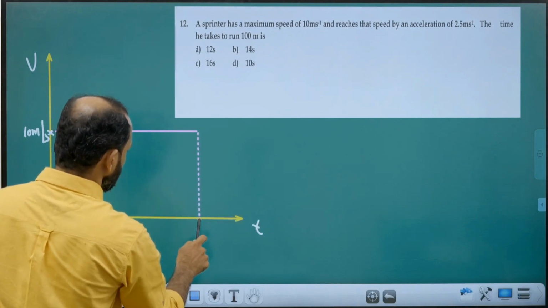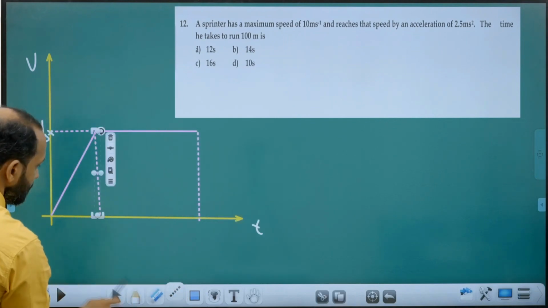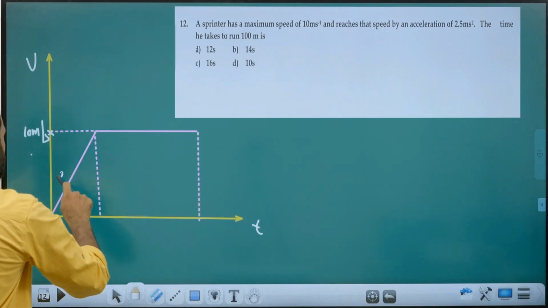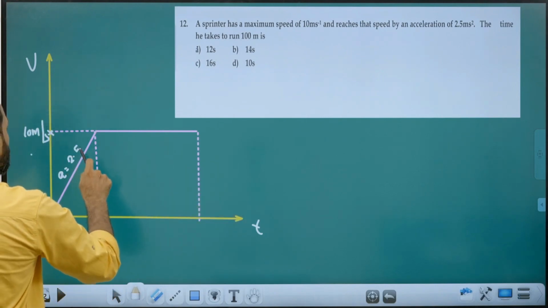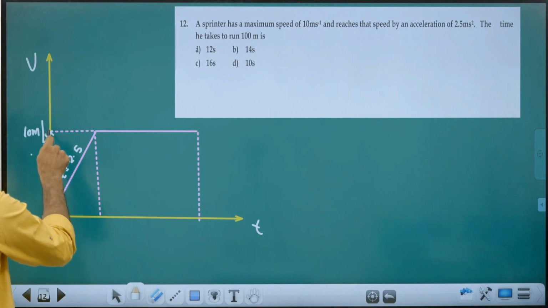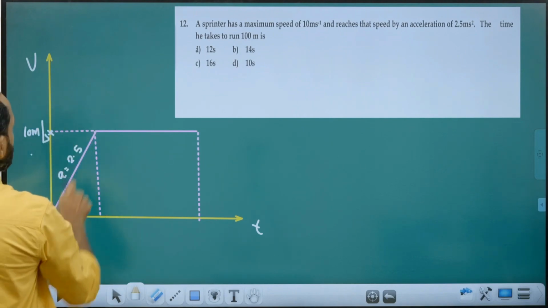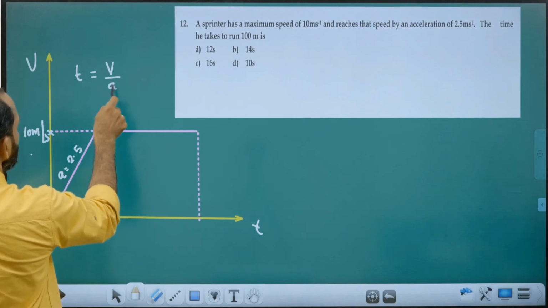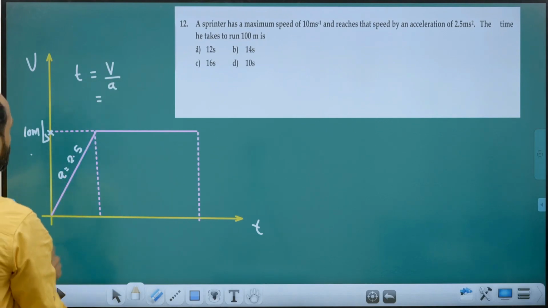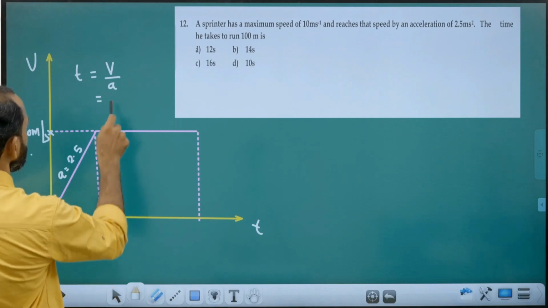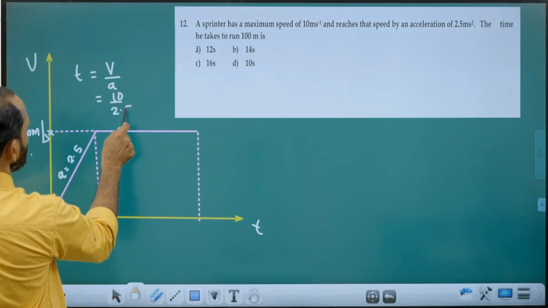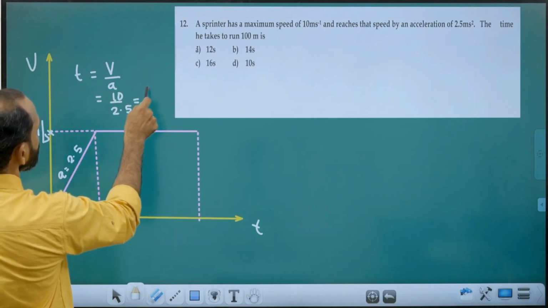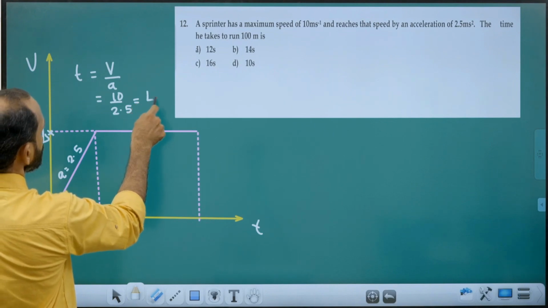Now, this acceleration A is equal to 2.5 and the maximum velocity is 10. You can find the time interval: T is equal to V divided by A, because U is 0, the sprinter starting from rest. 10 divided by 2.5 is equal to 4 seconds.